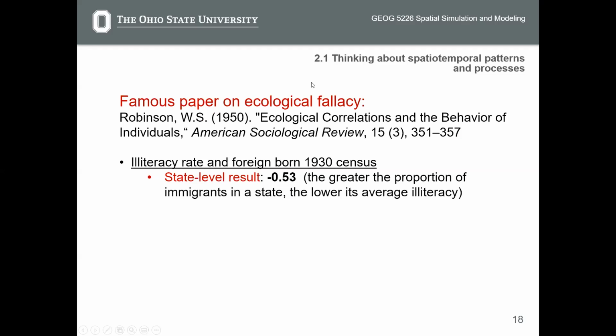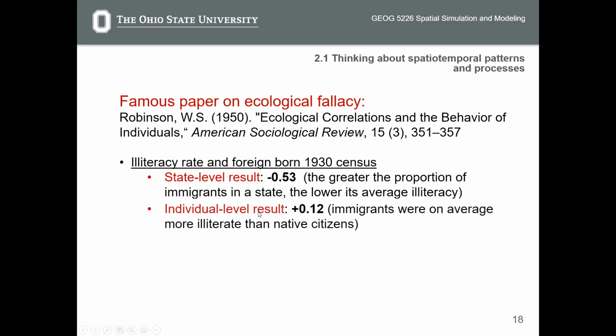But at the individual level, the result is totally different. The result indicates that immigrants were on average more illiterate than native citizens. So it's completely opposite to the conclusion you can draw from the state level.